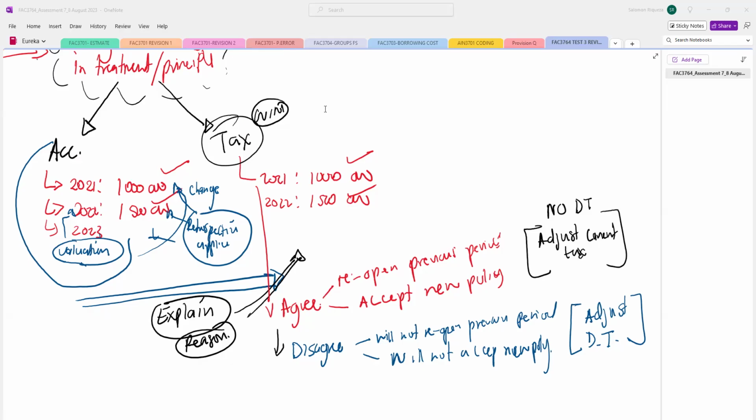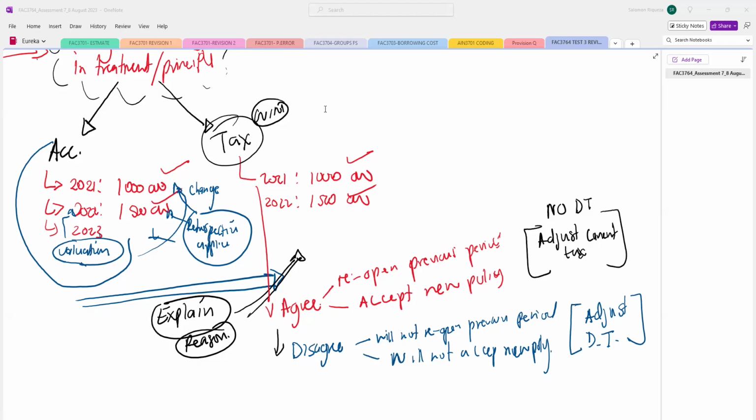It's not even dependent on the decision of SARS. The decision of SARS affects only the deferred tax calculations. Yes, I want to understand that part, that if SARS disagrees, it means we are just going to follow the new method, and it will just flow like that.